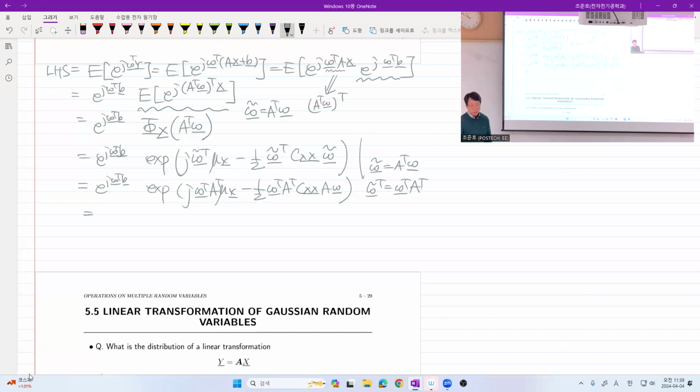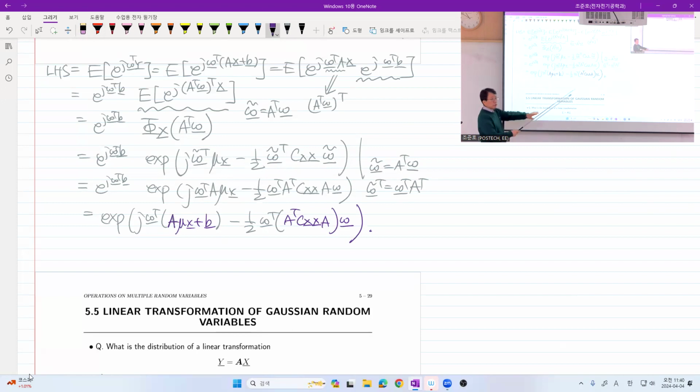And what is this one? So we rearrange like this: j omega transpose (A mu x plus b) minus 1/2 omega transpose A transpose C_XX A omega.